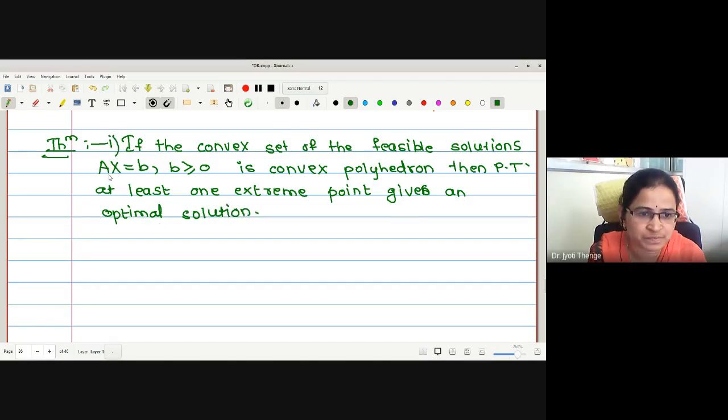At least one extreme point gives the optimal solution. I can call this part 1, and part 2, what to prove?